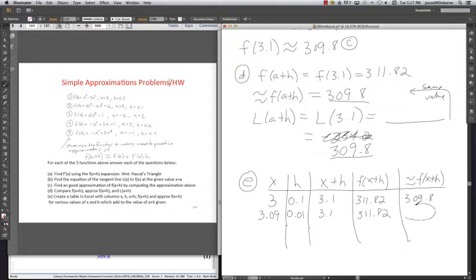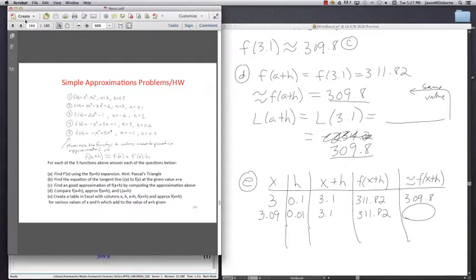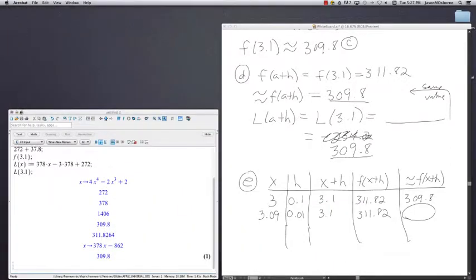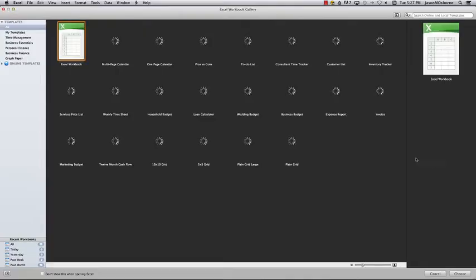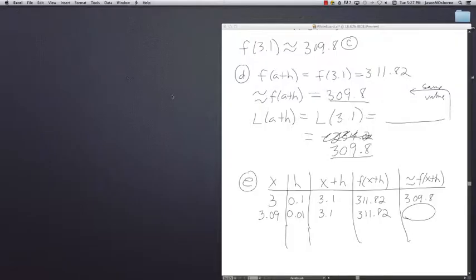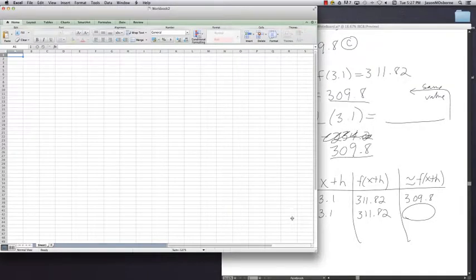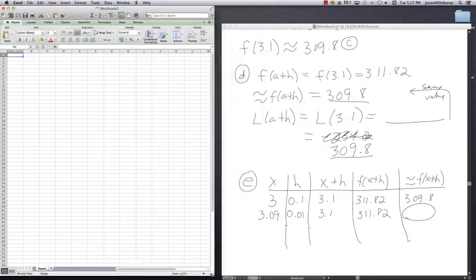Let's show the Excel for how to compute this value. Let me get rid of this, and let me get rid of Maple, which we will do later. And let me bring up Excel here. So Excel is opening.